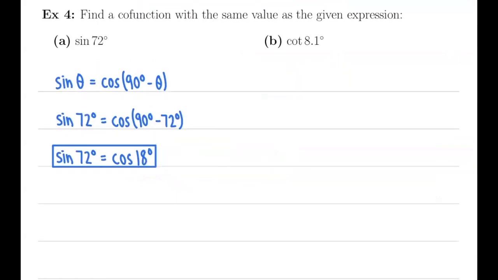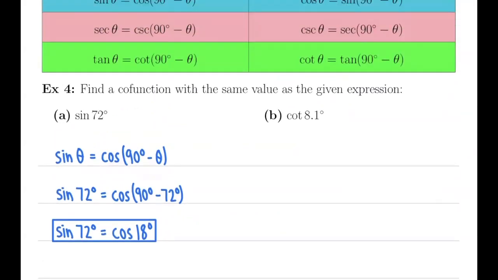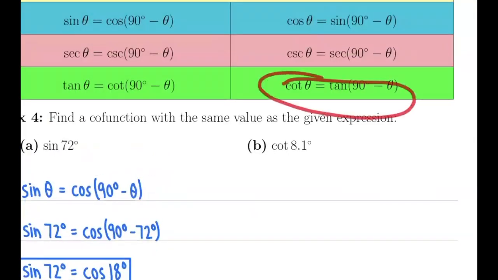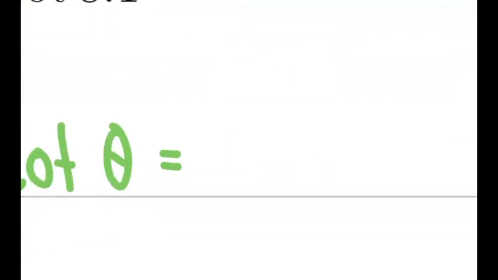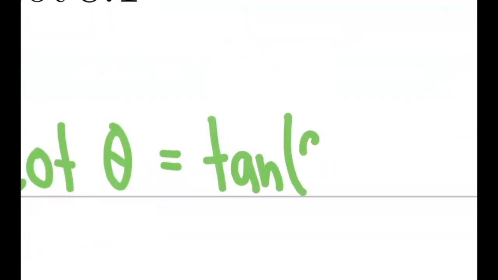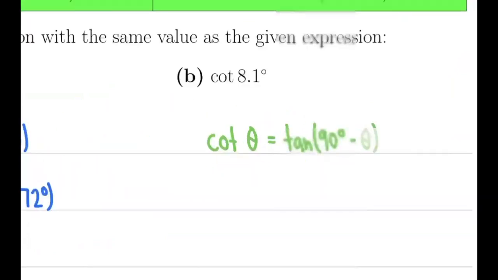Wow. Stunning. Absolutely. And let's just do one last example with cotangent. It's the same idea. Cotangent and tangent are cofunctions of each other. So we know, I wrote it right here, cotangent of theta equals tangent of 90 degrees minus theta. In this case, theta is 8.1 degrees.